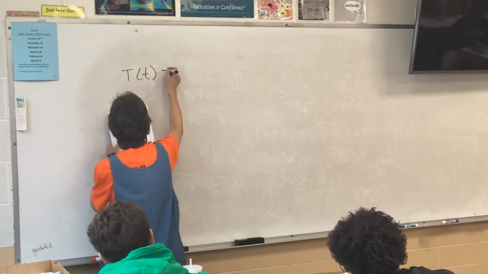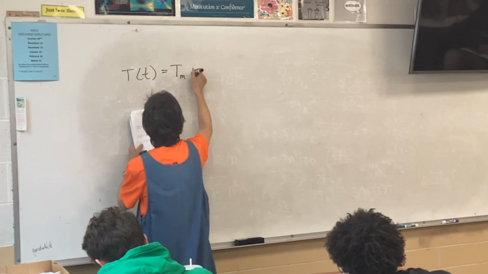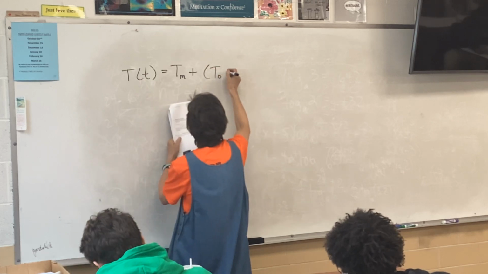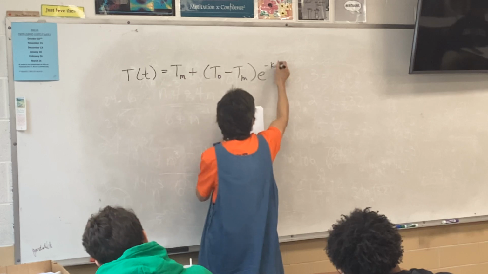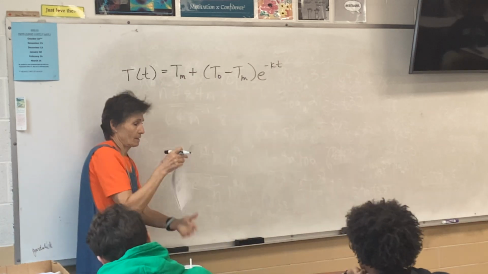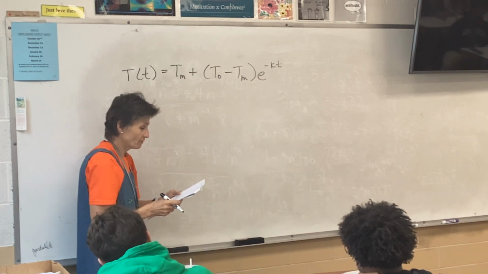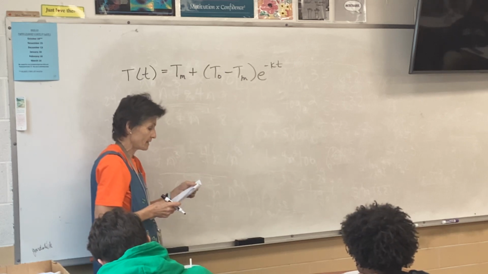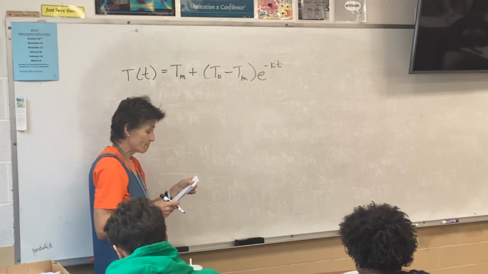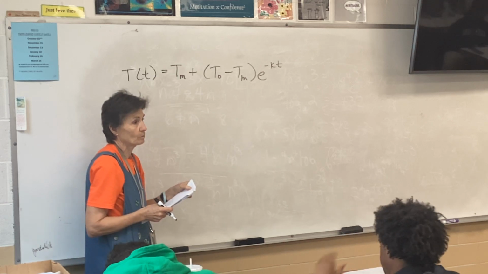You're not responsible for the formula, so I'll copy that down from the page before. A cup of coffee has cooled from 92 to 50 after 12 minutes in a room at 22.